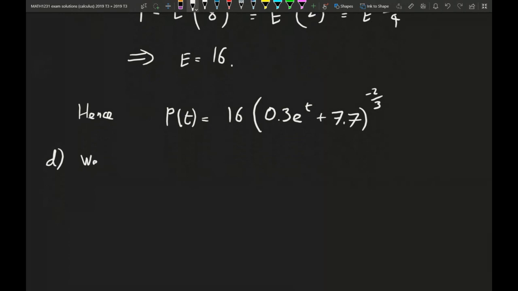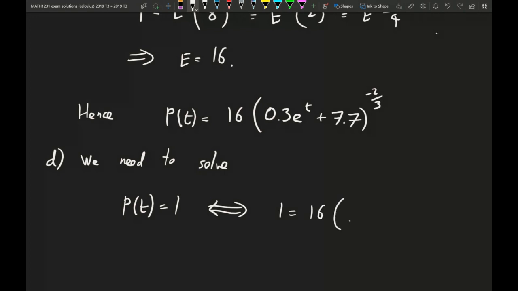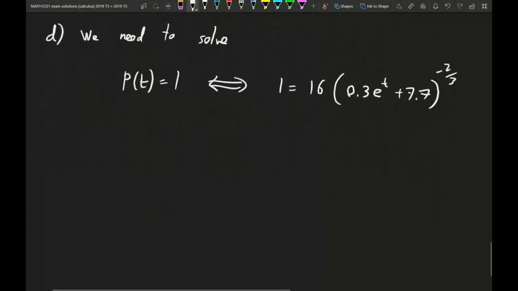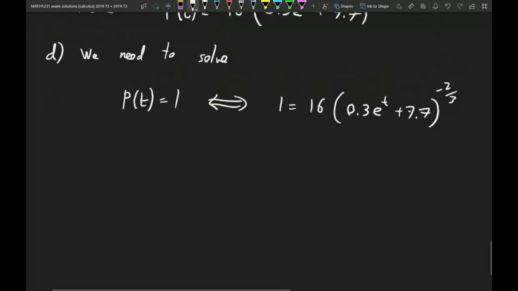So we need to solve P of t equal to 1, which is equivalent to 1 is equal to 16 times this. Which is fairly nice because I can, let's see, so what's that equivalent to?